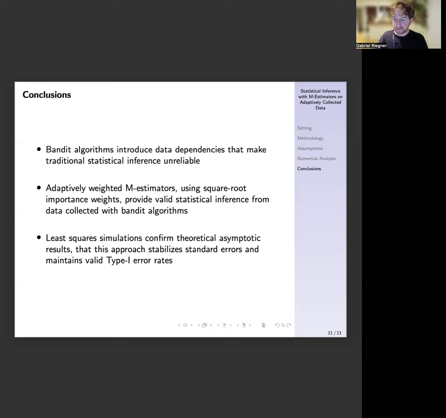Adaptively weighted M-estimators using square root importance weights provide valid statistical inference from data collected with bandit algorithms. And lastly, least squares simulations confirm theoretical asymptotic results, and this approach stabilizes standard errors and maintains valid type 1 error rates. All right, thank you for listening.